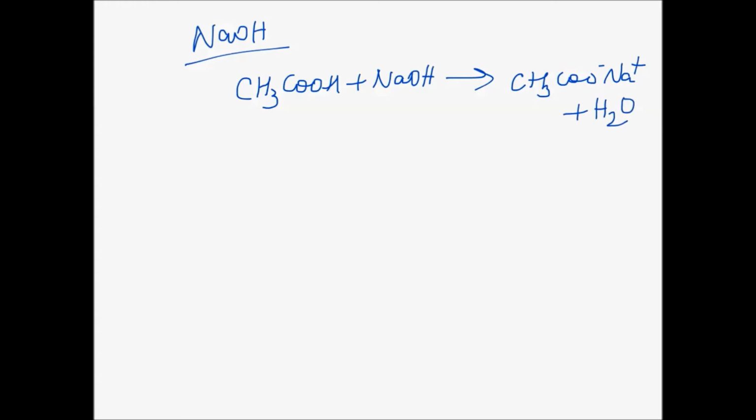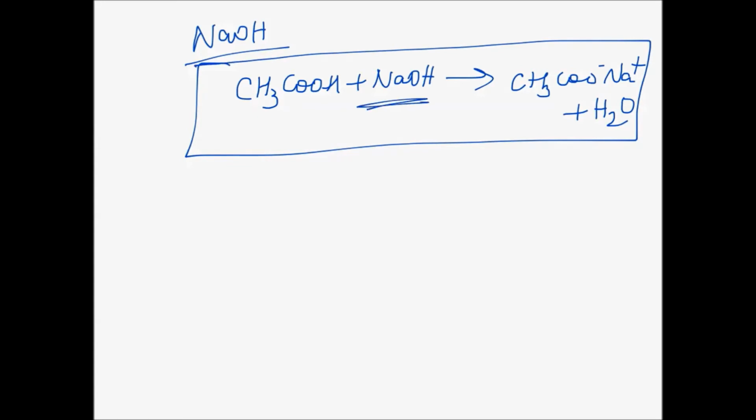So one can say that as long as the amount of the added sodium hydroxide is less than the amount of acetic acid in terms of moles, then the buffer is going to be able to neutralize that. So since we know that acetic acid is going to neutralize the base, if this acetic acid is part of a buffer, CH3COOH, and you add the sodium acetate, they are together.